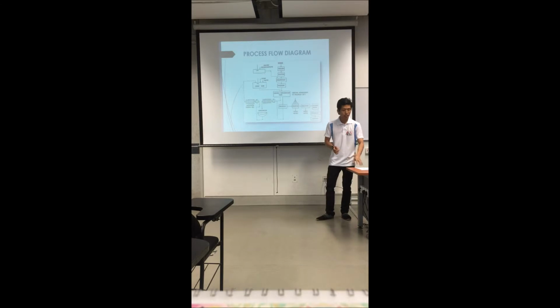Firstly, there is the sorting and storage conveyor, whose function basically is to transport the raw material, the banana, throughout the process from the initial to the final product. And the next minor unit is the washing tanks. This is where the raw banana is washed to clean it from any impurities.